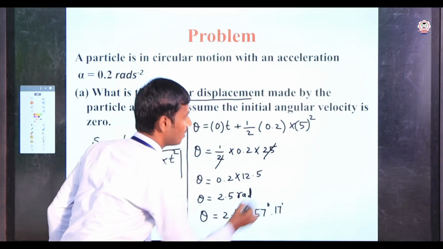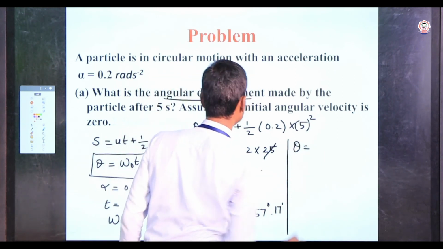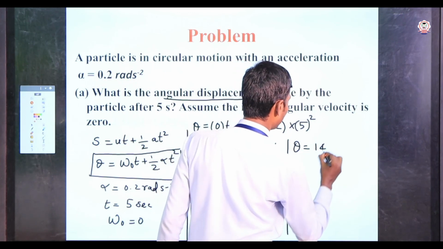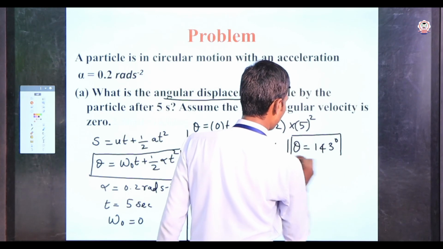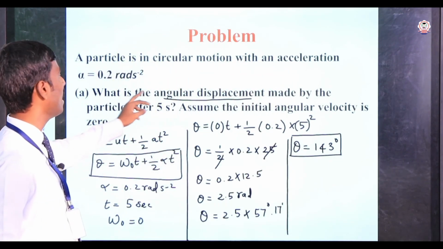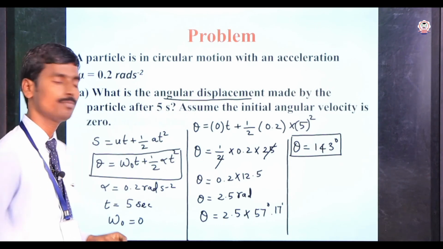Multiplying these two values, we get theta equal to 143 degree. This is the final expression, the angular displacement made by the particle after 5 seconds.